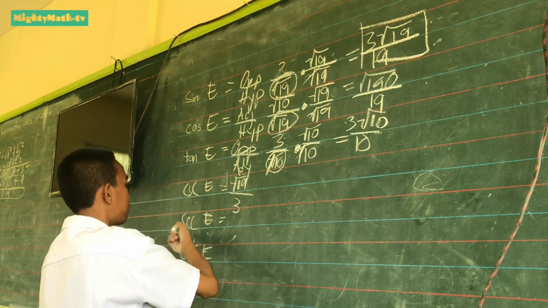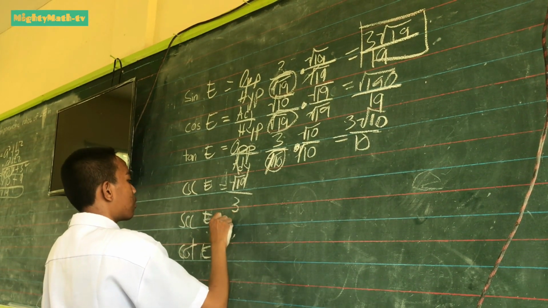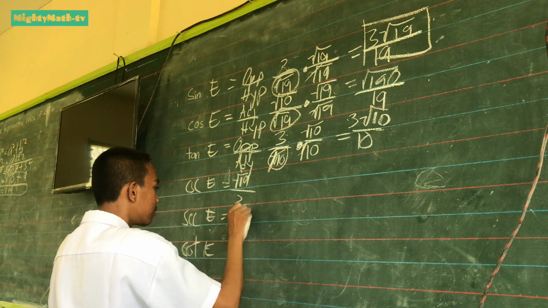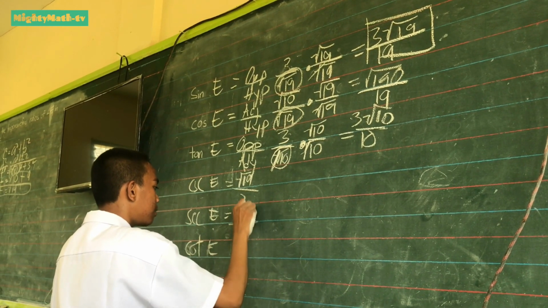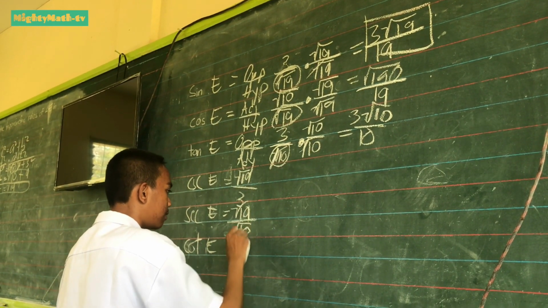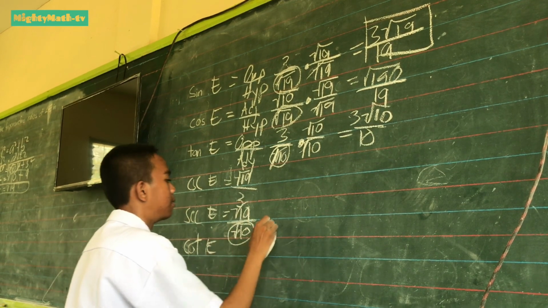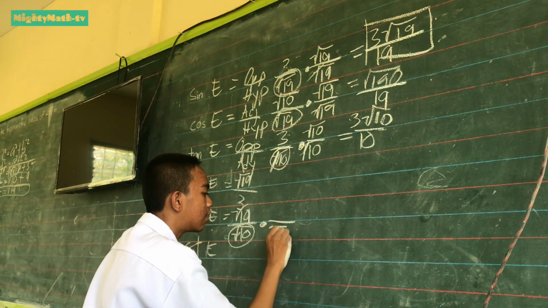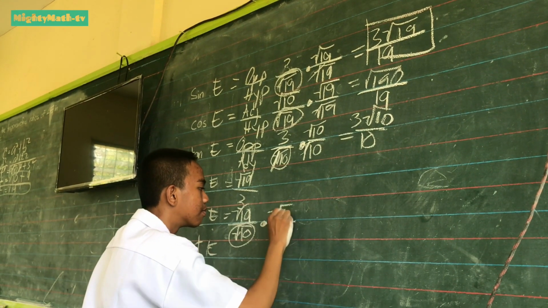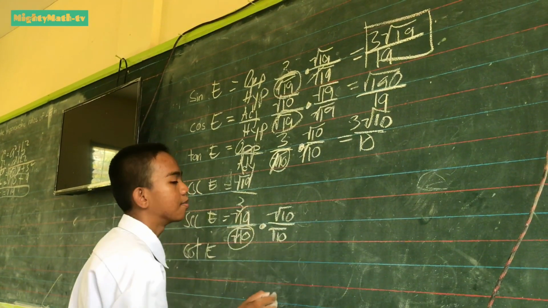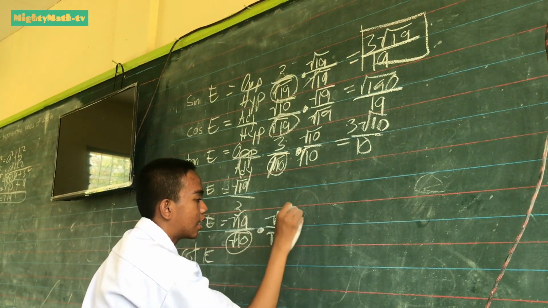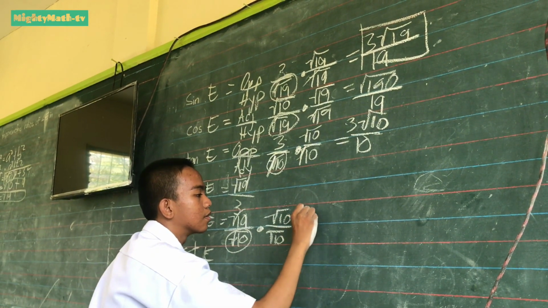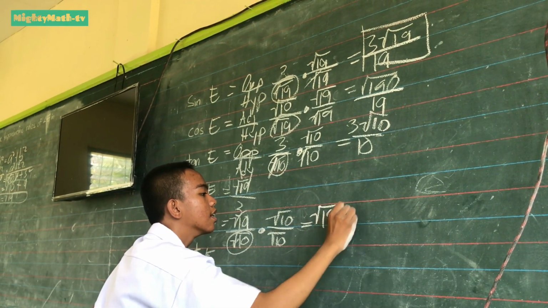For secant, it's square root of 19 over square root of 10. We do the same as before. We multiply by what's on the denominator, it's square root of 10. And square root of 19 times square root of 10 is equal to square root of 190, and here it's 10.